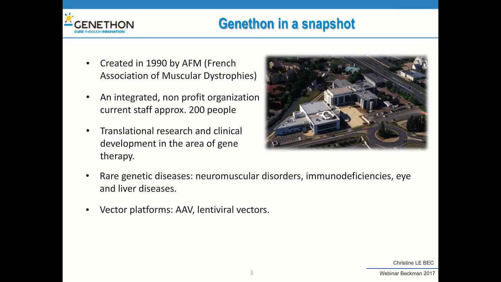Genethon is developing therapies for rare genetic diseases: neuromuscular disorders, immunodeficiency, and eye and liver diseases. Our platform is based on AAV and lentivirus vectors.